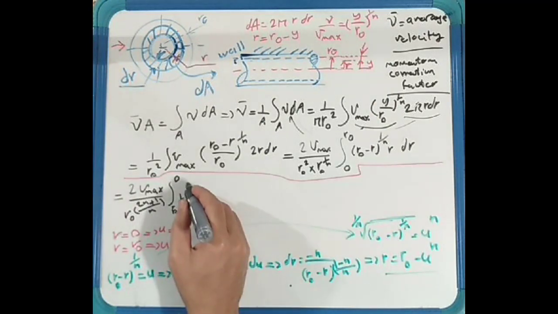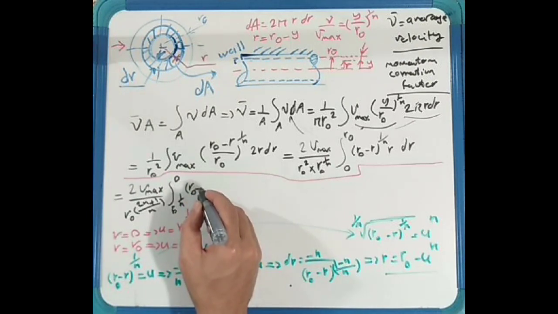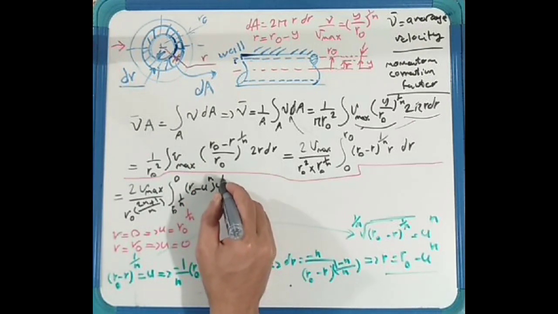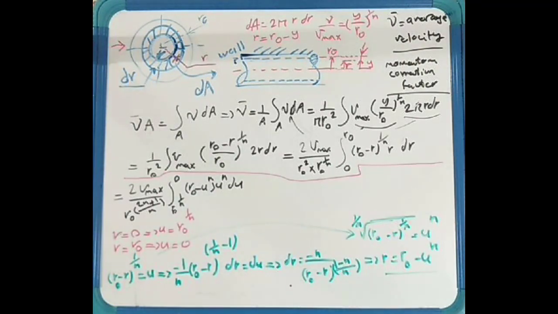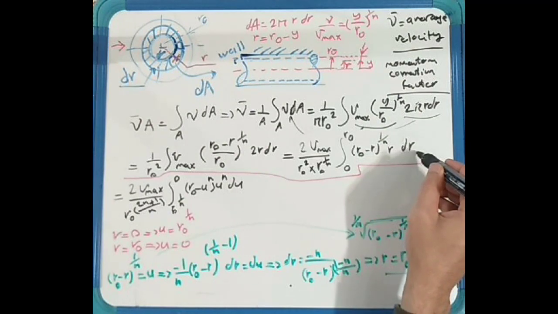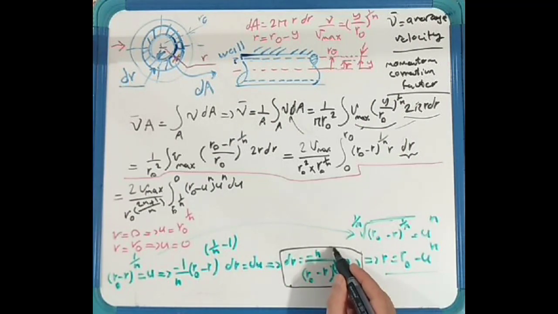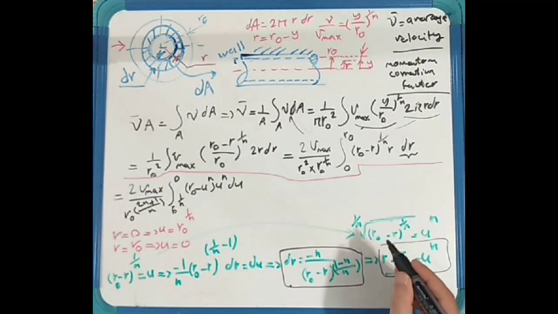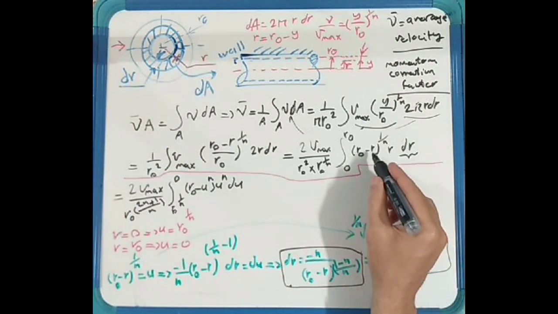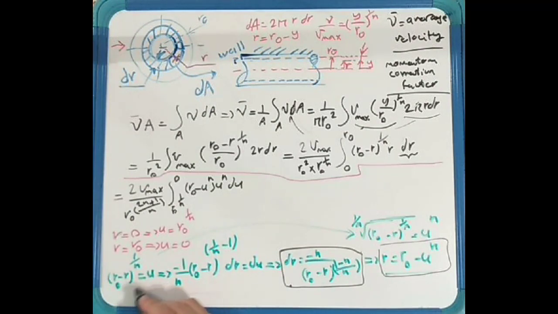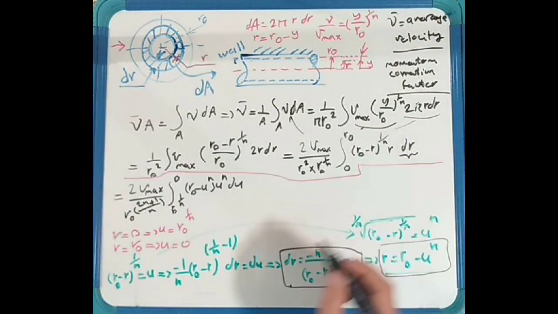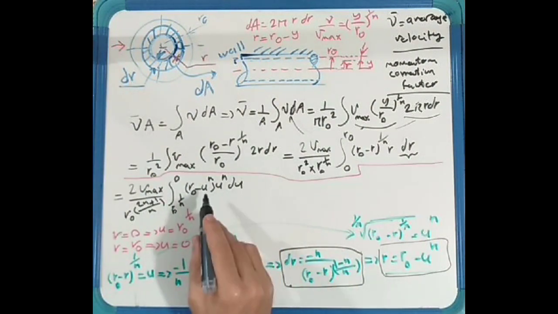Then I can write (R0 minus u^n) du. Okay, if you put all of these, dr, this one, this one is the R. If you put R, this one, in place of that one, and in place of u, this is u, if you put u in place of it, and after some mathematical manipulation, you will have this form.